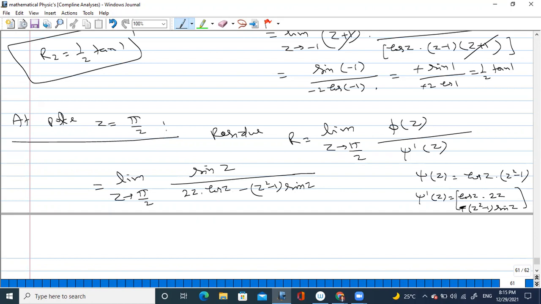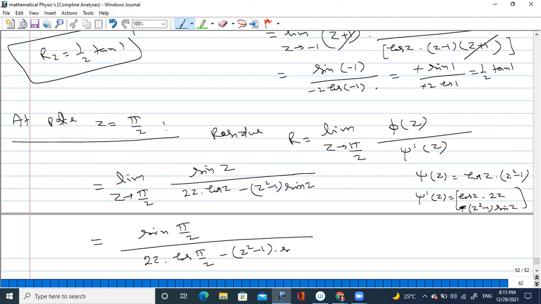In this I have to put z equal to pi by 2. So it will become sin pi by 2 divided by twice z into cos pi by 2 minus z square minus 1 into sin pi by 2. Now sin pi by 2 is 1, and cos pi by 2 is 0.